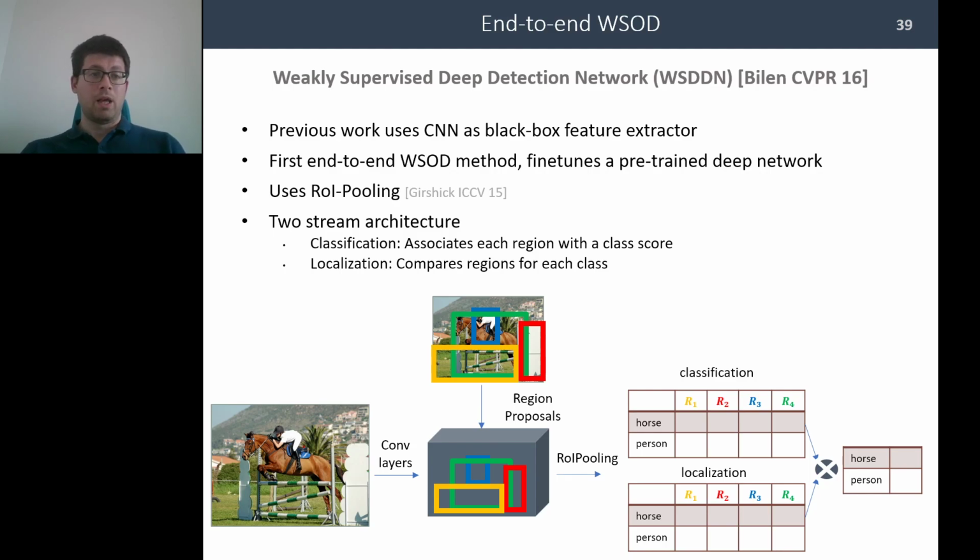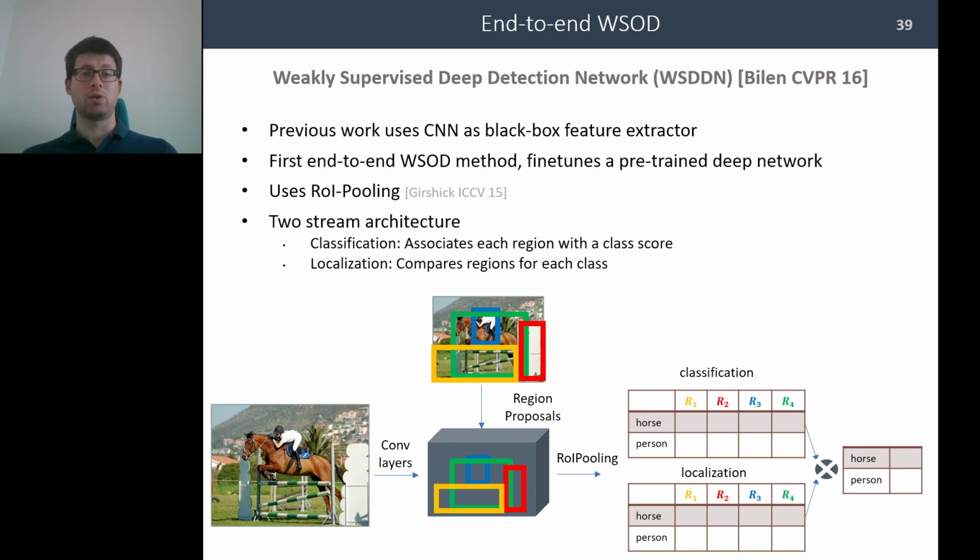The contribution of this method is that it was the first end-to-end weakly supervised object detection method. The previous work was using pre-trained CNNs by freezing their parameters and using them just as a black box feature extractor.